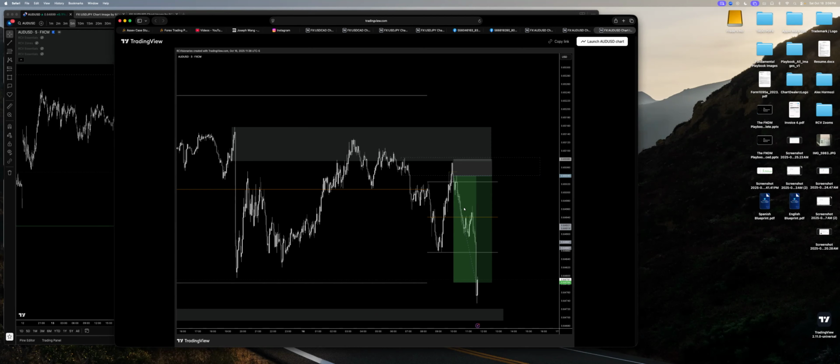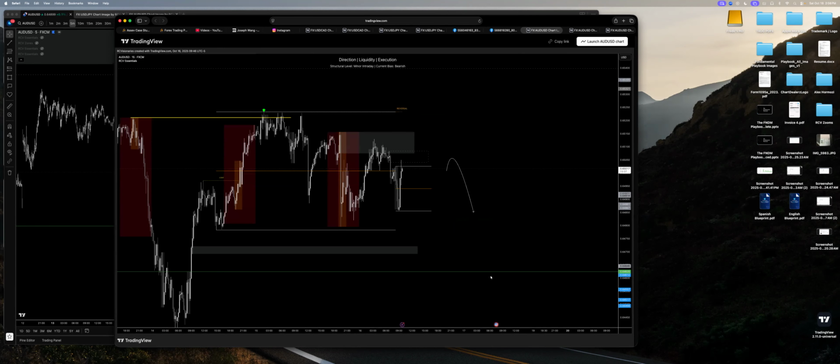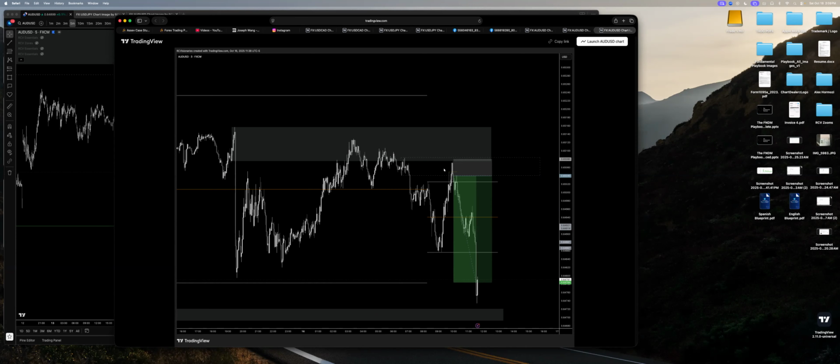So by default, a model is going to be less efficient internally if it's not supported by the external, right? Like this model internally only makes sense because of the bias that I just said, which was here. This is the bias, but the bias is based on a 15 intraday, and the execution is on the M3.